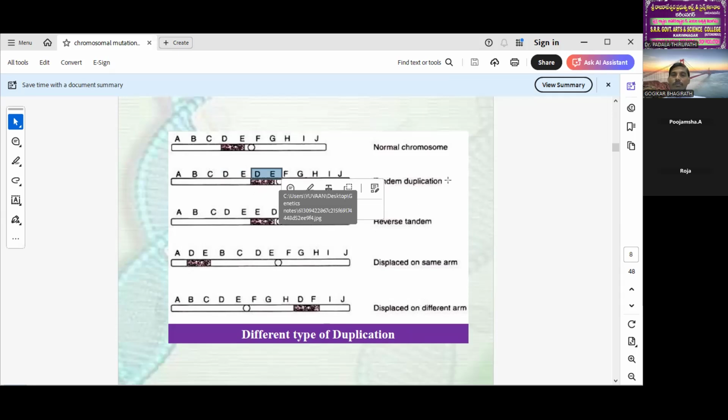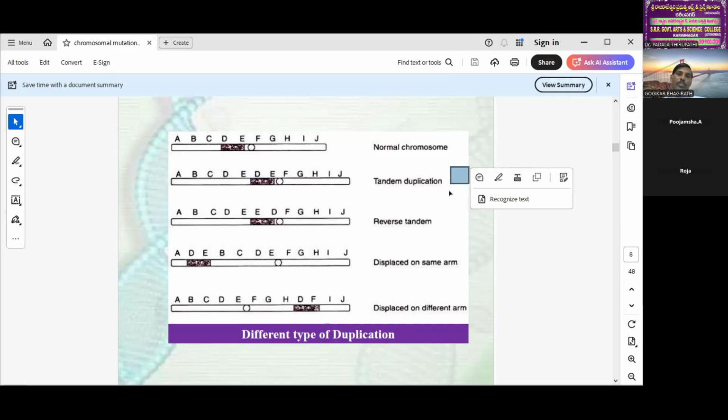So that type of duplication is called what? Tandem duplication. Tandem duplication is nothing but these two genes in the same order repeated more than once.